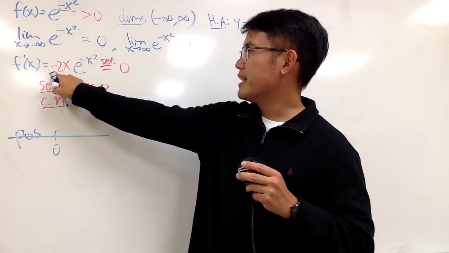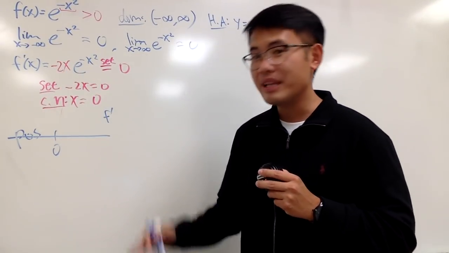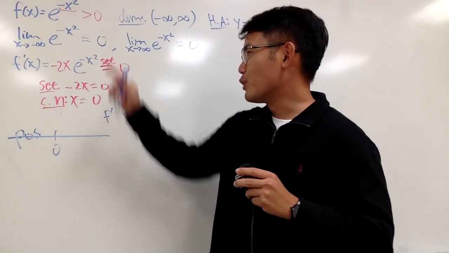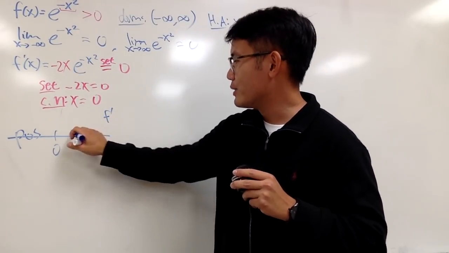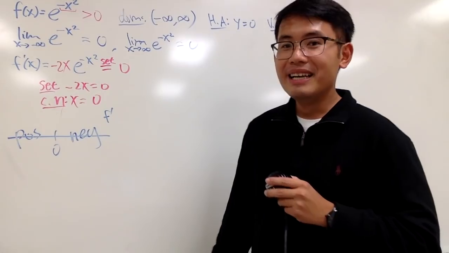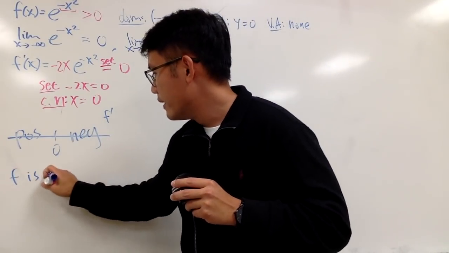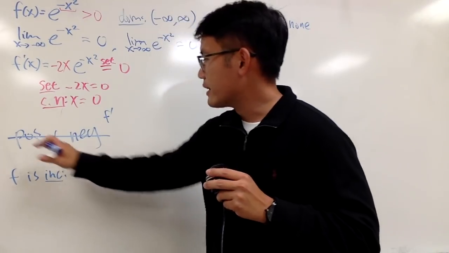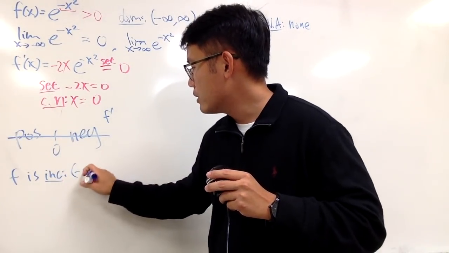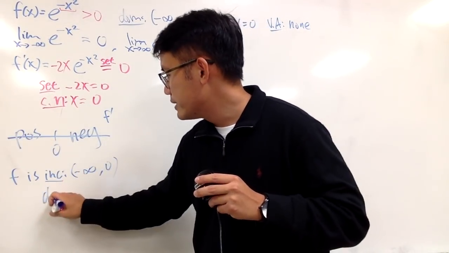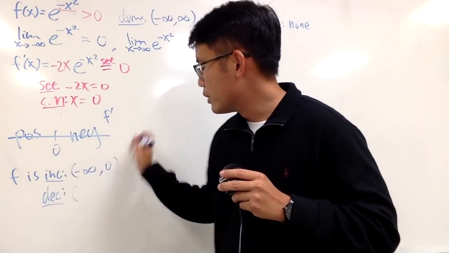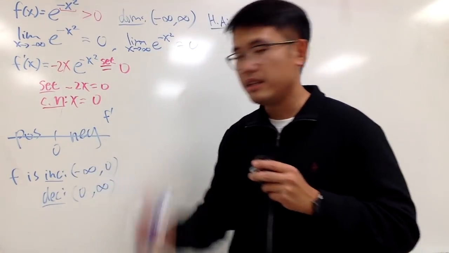Plug into here, negative 2 times 125 is negative. Times this, which is always positive, so all together you get negative right here. Well, with this being done, we know that f is increasing on the interval from negative infinity to 0, and then decreasing from 0 to positive infinity.